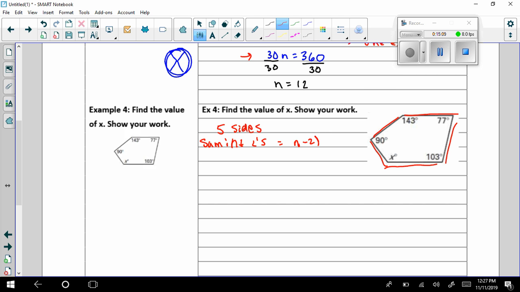Remember, it's n minus 2 times 180. So n equals 5. So we do 5 minus 2 times 180, or you look in your table because you just filled it out. That's 3 times 180.